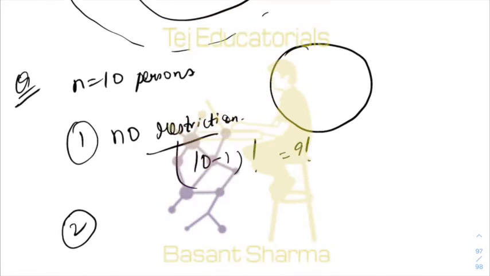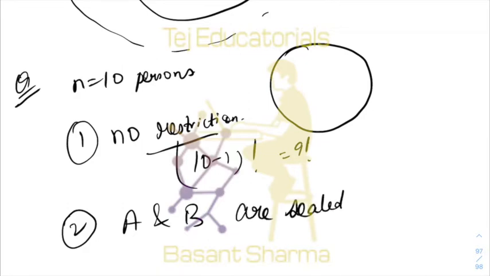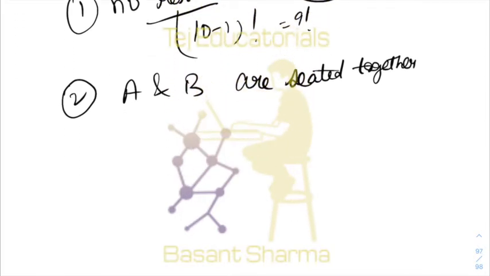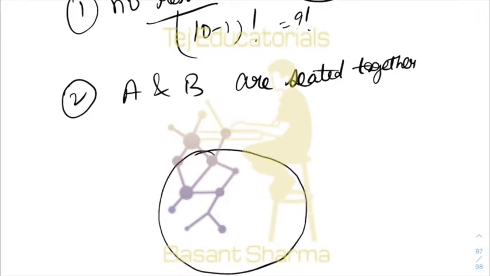Now if I say that A and B, two particular persons, are seated together. So if you recall, in case of linear permutations, we have done this using the tie method. So we will do the same thing here as well. Tie A and B together.